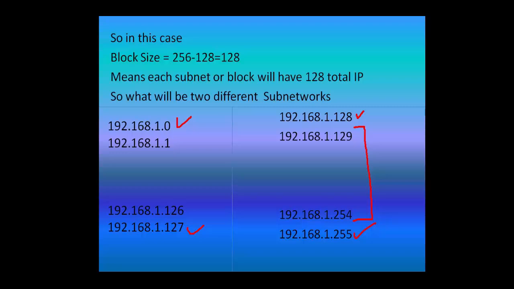Clear? Now we have broken the broadcast domain, but again I am mentioning you have to use the subnet mask that we calculated in our previous video, previous slide. You must mention this subnet mask now, not the default subnet mask.